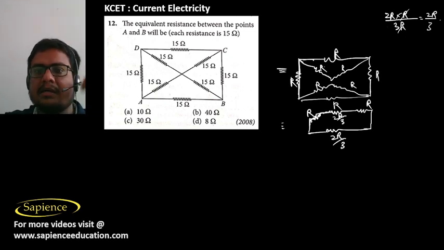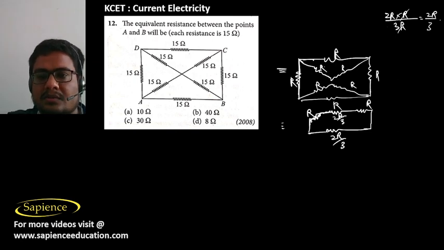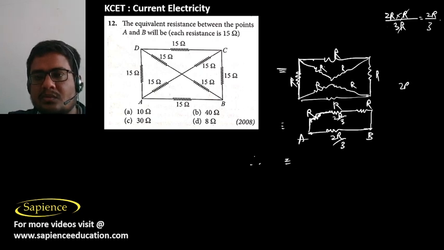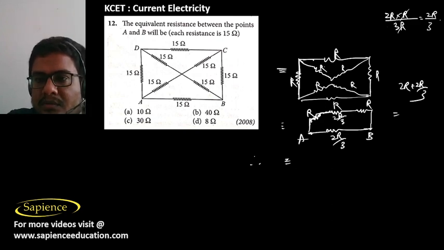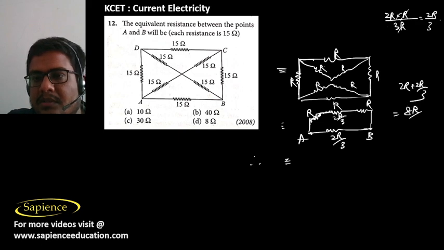This R and R are in series actually, so their equivalent is 2R. Across the points A and B we have to find, so this can be written as R plus R plus 2R by 3. Since all these three resistors are connected in series, this will be 6R plus 2R, that is 8R by 3.